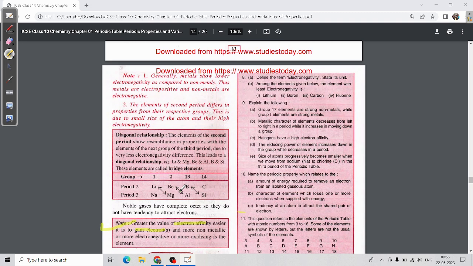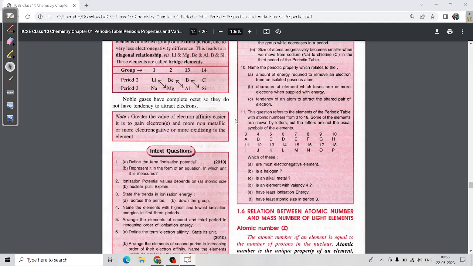You will learn this in the second chapter, and you will be able to understand this note in the second chapter.